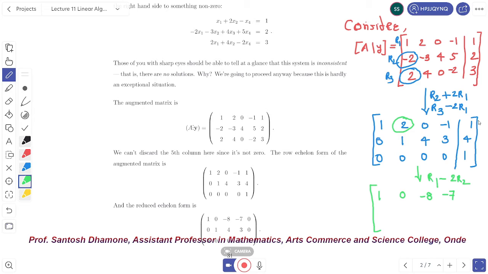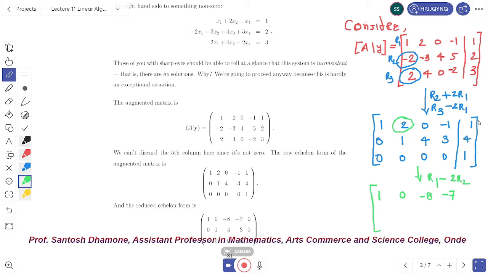This is 1, minus 8, minus 7. Second and third rows as they are: 0, 1, 4, 3, 4, 0, 0, 0, 0 and 0.